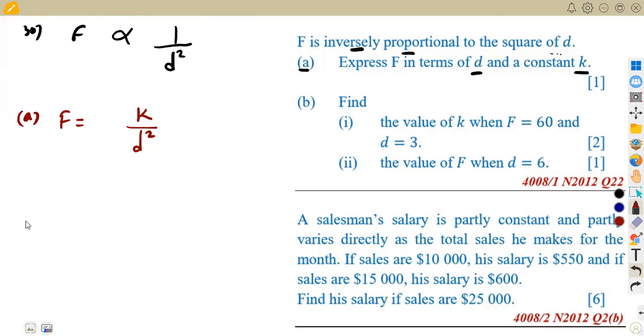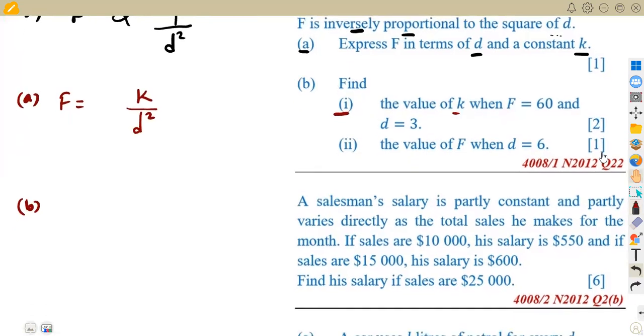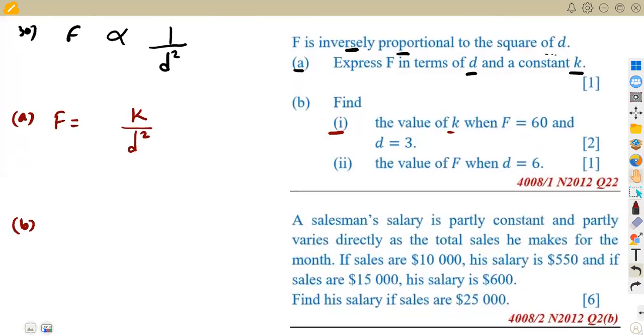Then for item 2, you are asked to find the value of k given that f is 60 and d is 3. That's where you can substitute the value of f. f is equal to this equation, and f is given as 60. So 60 is equal to k over d squared. d is 3, but being squared, it's d to the exponent of 2.